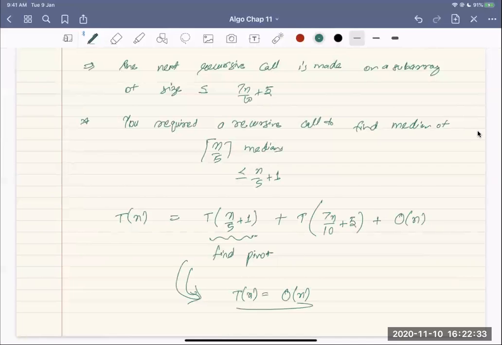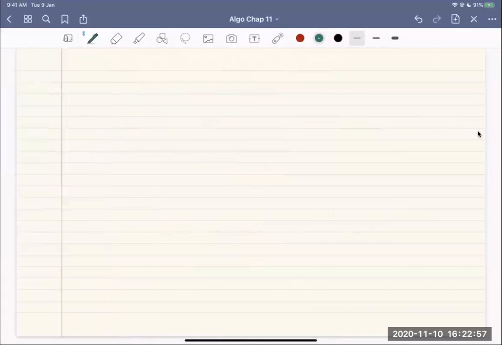So that means by this algorithm you can solve kth order statistics in worst case linear time. Okay, so just to summarize what you do, you actually use a quicksort partitioning based algorithm.